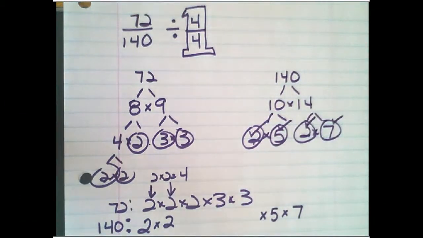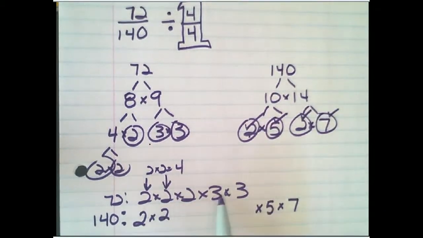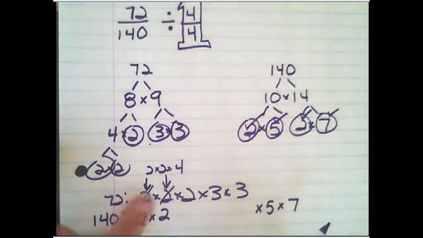Now, the way we can use our greatest common factors and prime factorization is really kind of neat, because a lot of kids get confused sometimes with the division, or they don't like doing division, they would much rather multiply. Here you can use this information to figure out what 72 divided by 4 is, because if we divide out 4, we just cross those out because 2 times 2 is 4. I've just divided that by 4.